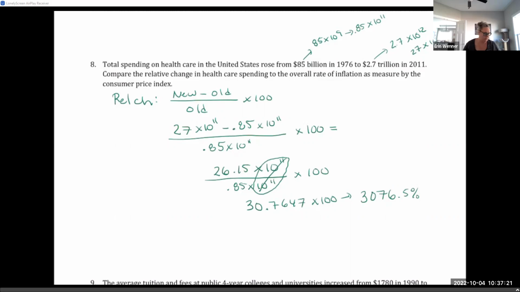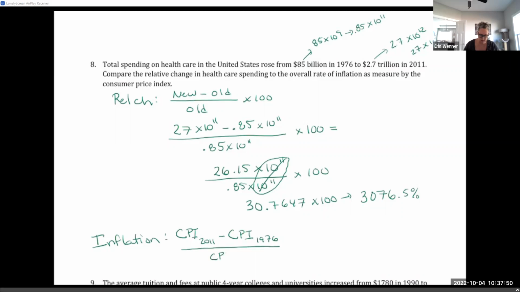Well, to calculate inflation, we're going to do the CPI in 2011 minus the CPI in 1976 divided by the CPI in 1976.